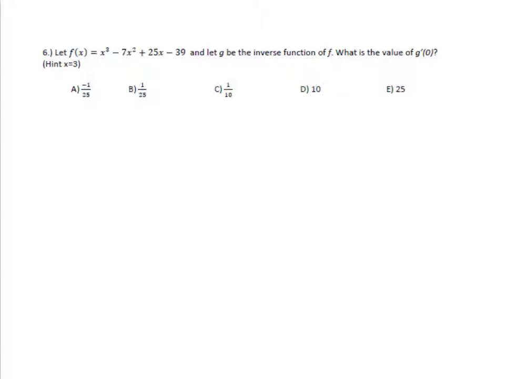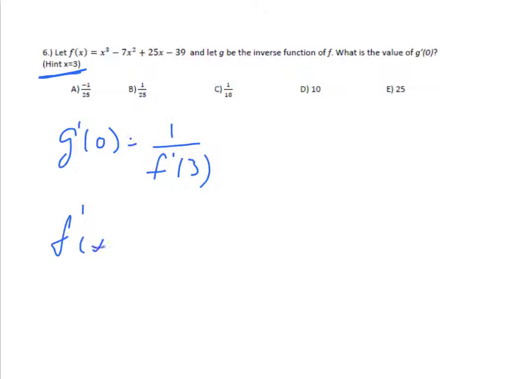Okay, so I told you the hint here is x equals 3. I gave you that for the reason because we want g prime of 0, that's equal to 1 over f prime at 3, because 3 solves that for 0. So we want f prime of x, and that we get 3x squared minus 14x plus 25.